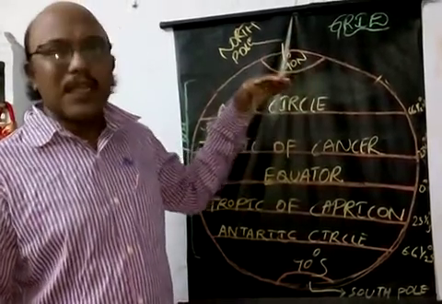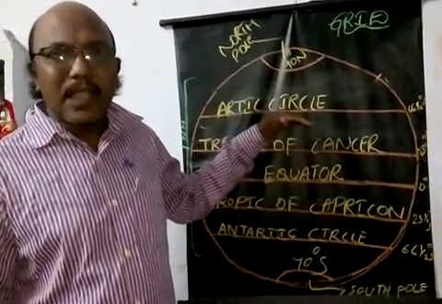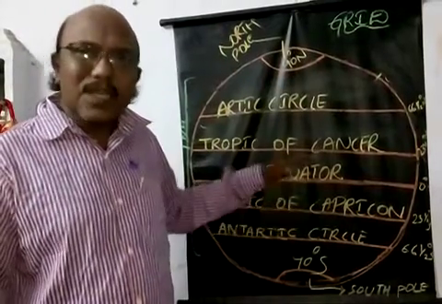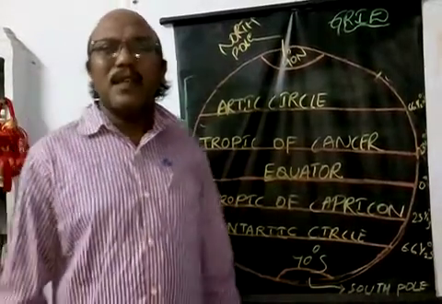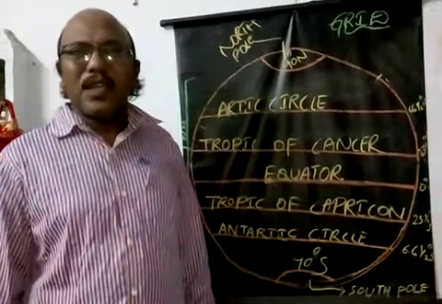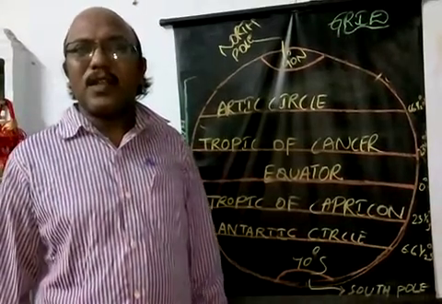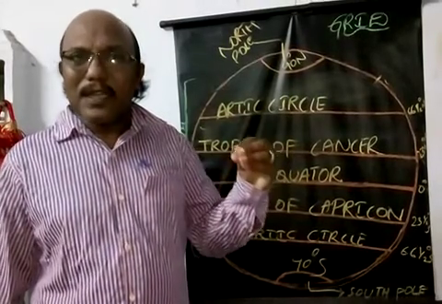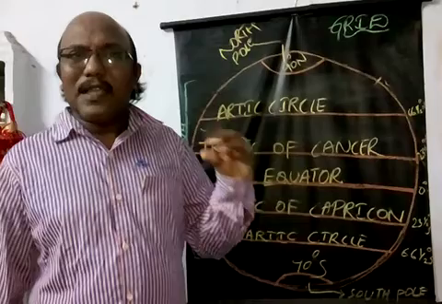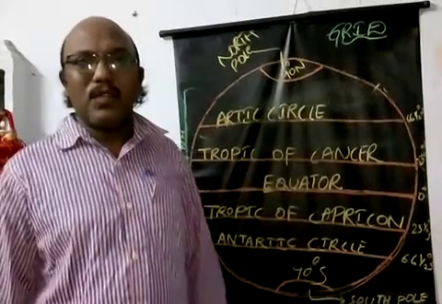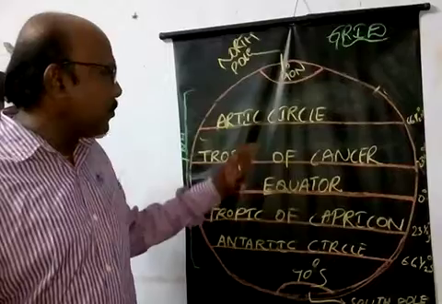The latitudes which lie on the north side are northern latitudes, and those which lie on the southern side are southern latitudes. Children, in many atlases we find only the degrees of latitude, there are no minutes and seconds. Only some atlases show them. That is the main important aspect.